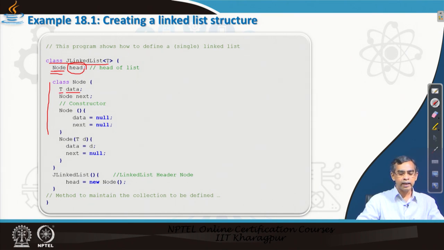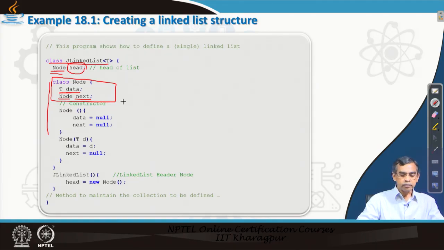So, we declare the T. Then this is a link. Next is basically the link to a node. So, that is why the type is this one. This completes the declaration of a node. This is very simple: 2 parts, node is defined as data of type T and then the next field.